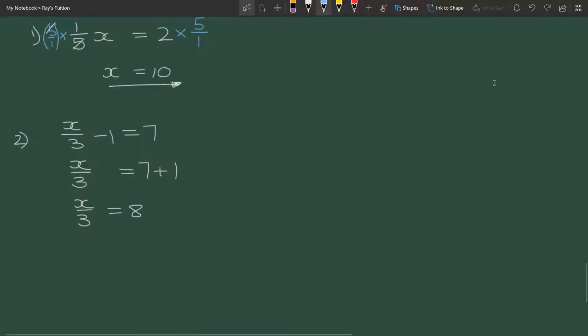Then we would like to get rid of the 3 in the denominator. So again, we're going to multiply it by a 3 in the numerator over 1. And what we do to the one side, we have to do to the other side in an equation. And then the 3s cancel out, and x/1 is just x. And then 8 times 3/1 is 24/1, which is just simply 24.